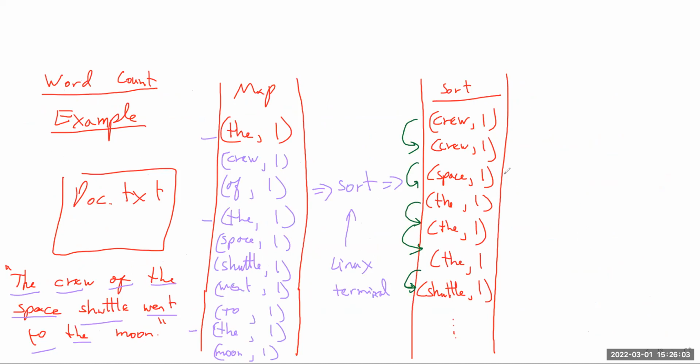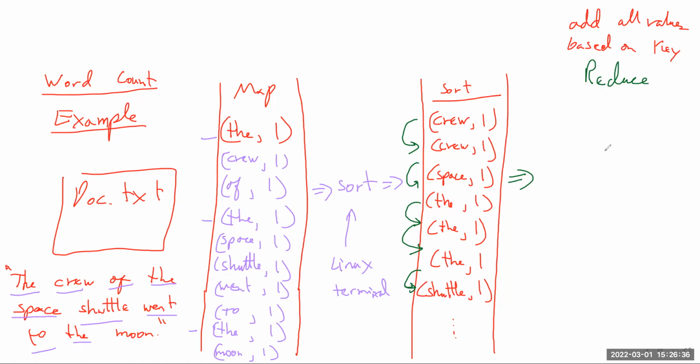So after we have done the sorting, now we are ready to reduce. And this just means collect all, and in our example, add all values based on key. Now, keep in mind, as I said, this approach is specific to counting.